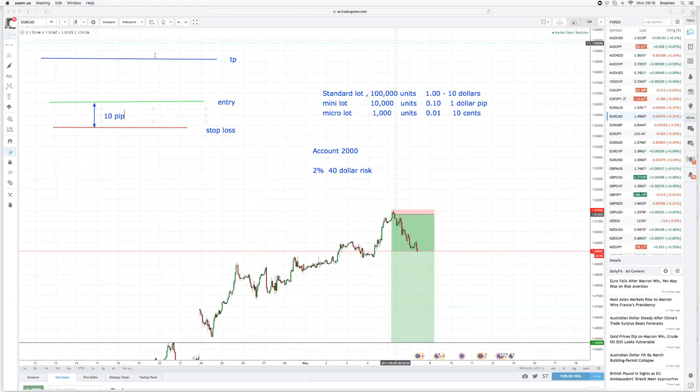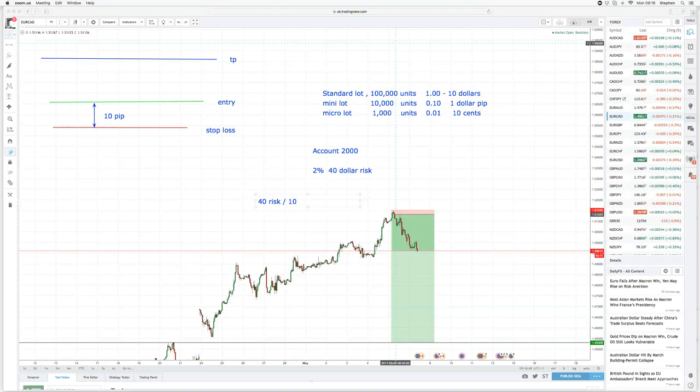So all we do is work out what 2% is, which we've already done. So we know we've got a $40 risk. What we're going to do is divide our $40 risk by our 10 pip stop loss. Everyone can do the simple maths. We know that would be 4.